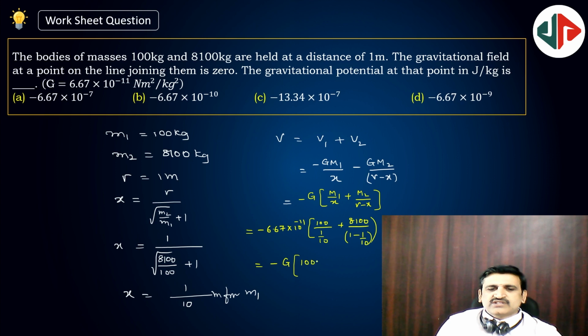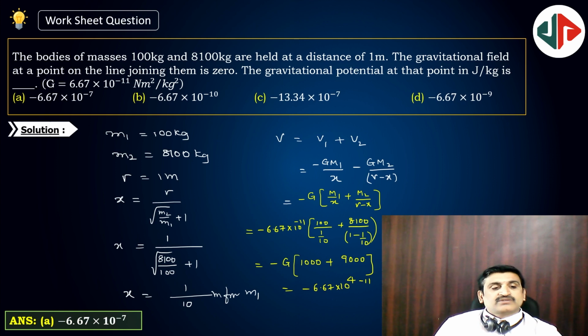This is 1000 plus this is 9 by 10, so 9 will go, 9000 it is. So it will be 10,000. So G into 10,000 means 10 to the power of 4, and minus 11 will come here. This is minus 6.67 as usual. So it will be 7.